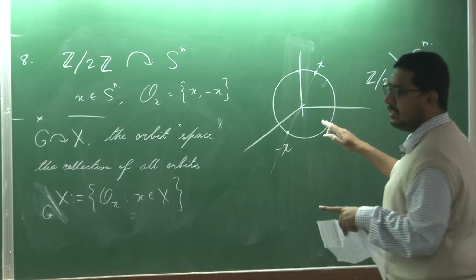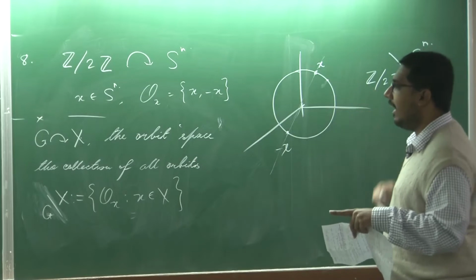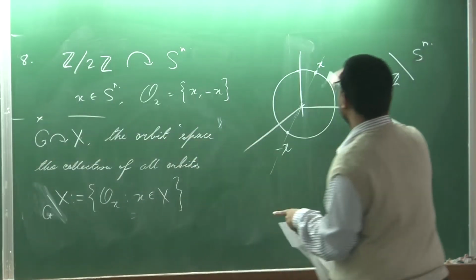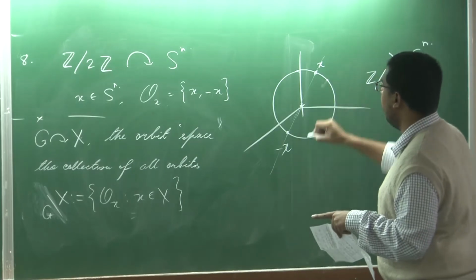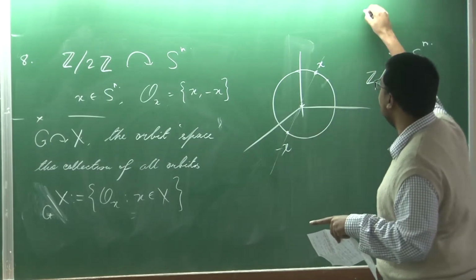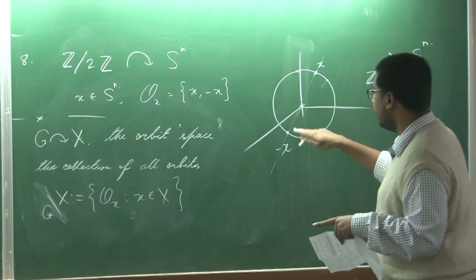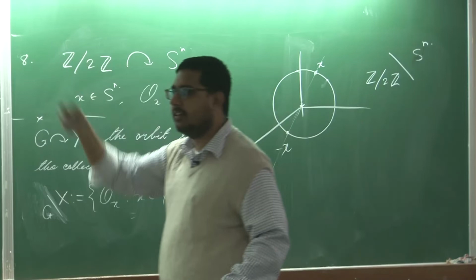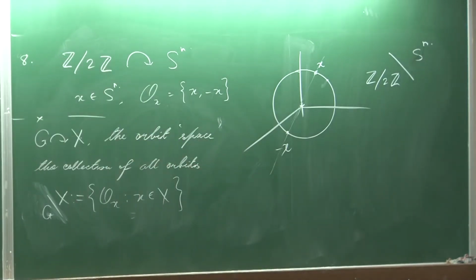The orbit space under this action corresponds to the collection of all lines in F^(n+1), because any line will intersect the sphere. Given any line in F^(n+1), that corresponds to two diametrically opposite points on this sphere, a unique correspondence. Given any pair of diametrically opposite points we get a unique line.